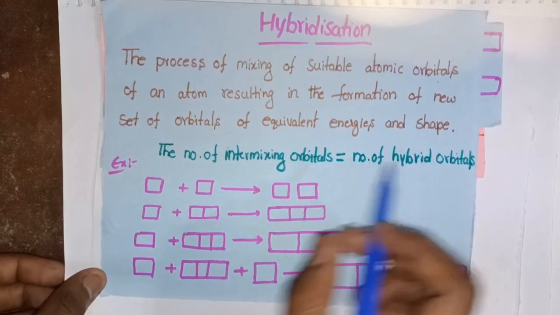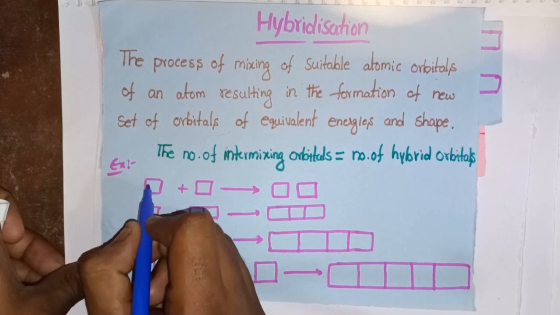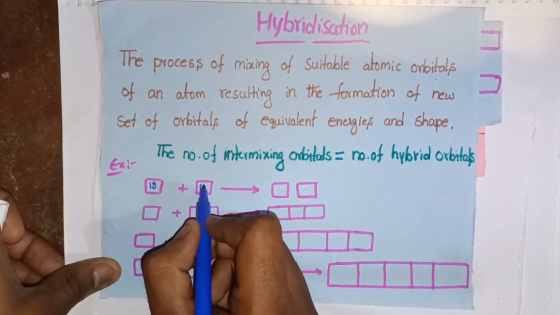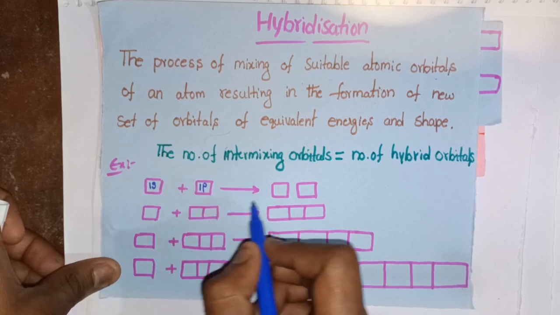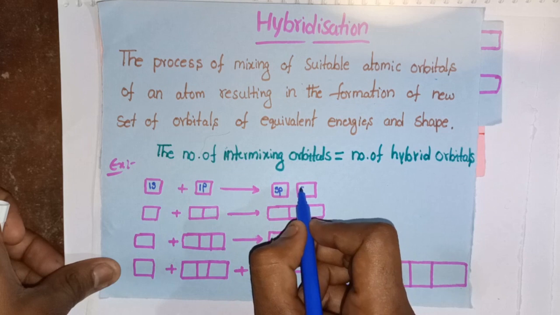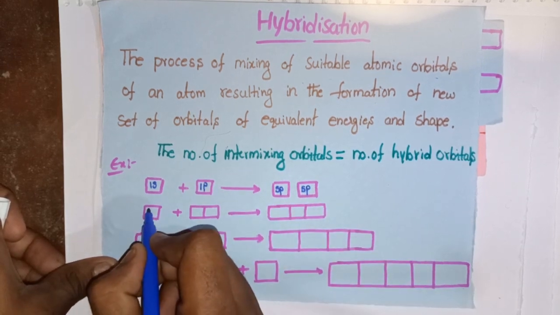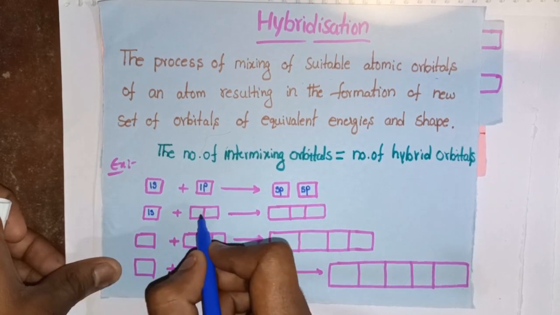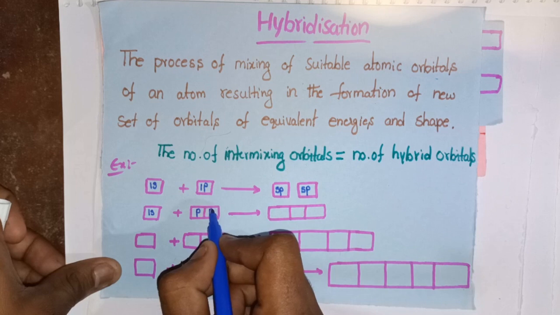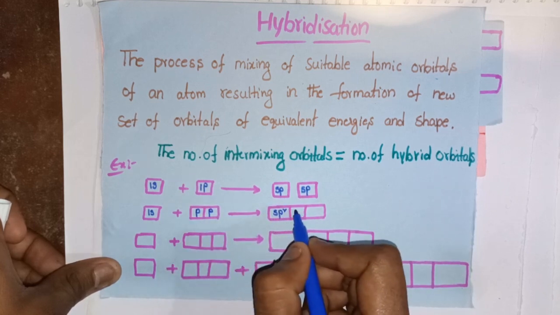Let's write the hybrid orbitals. One s orbital combines with one p orbital to form two sp hybrid orbitals. One s orbital combines with two p orbitals to form three sp2 hybrid orbitals.